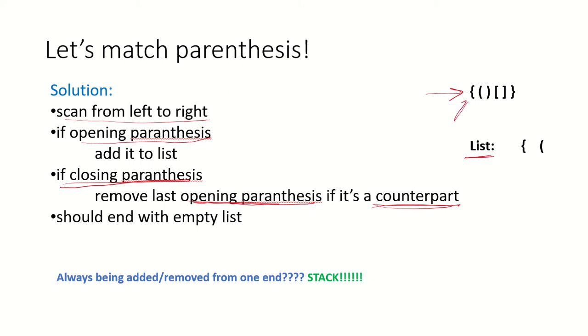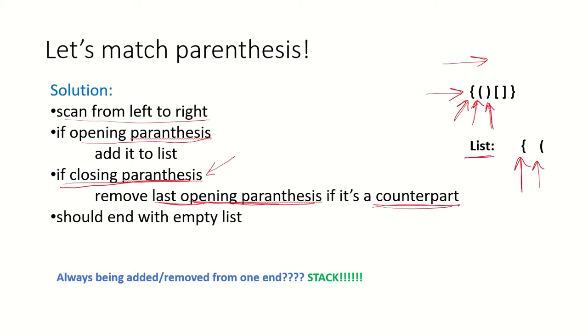So this is the first parenthesis that we come across as we scan from left to right. So we have added it to the list. The next character is again an opening parenthesis, so again we add it to the list. Next is a closing parenthesis. What do we have to do with a closing parenthesis? We have to check in the list what was the last opening parenthesis, and if it is a counterpart, we will remove it.